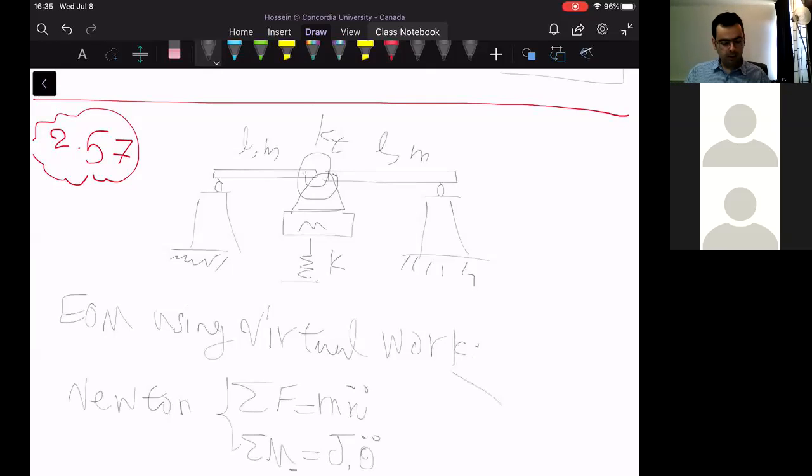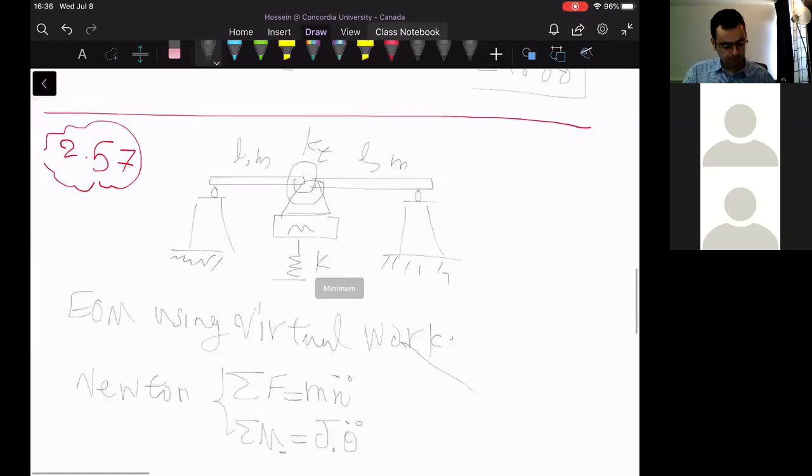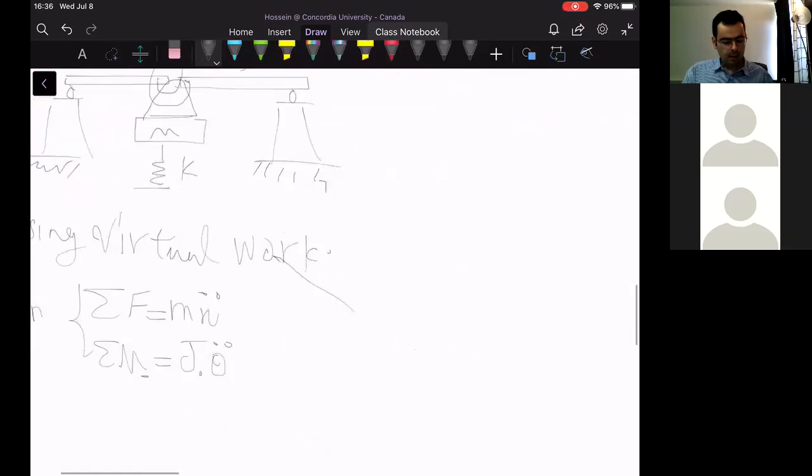There is D'Alembert's rule that lets us consider a dynamic problem as a static problem if we apply an imaginary inertia force. So summation of forces minus m x double dot is equal to 0, a static problem, right?